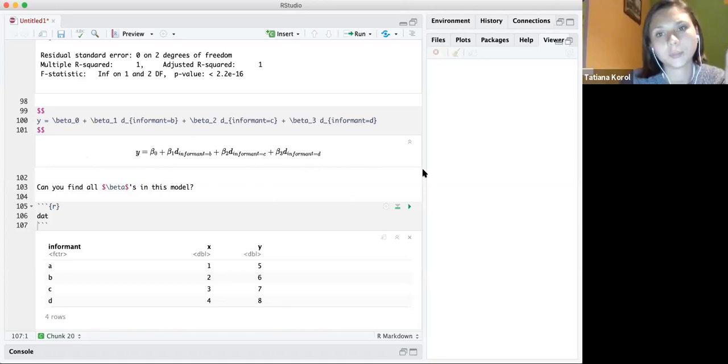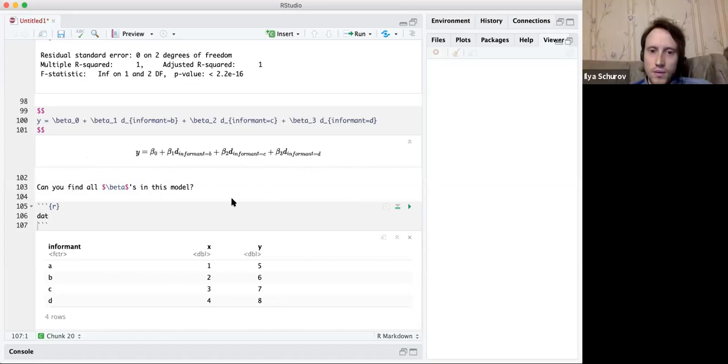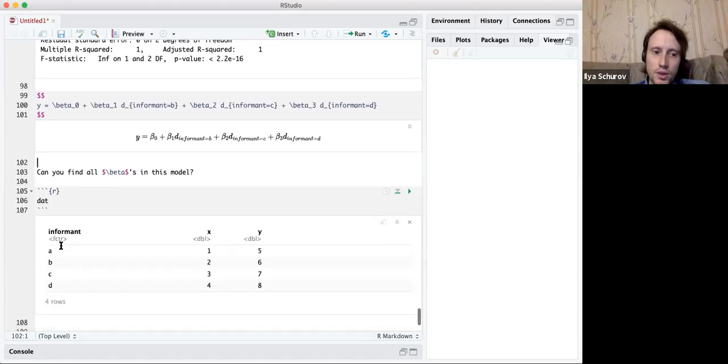I don't understand. We have informant, and this is a categorical variable. A, B, C, D are just categories. They could be names. And I have these dummy variables that take values 1 or 0, depending on whether this condition is satisfied.